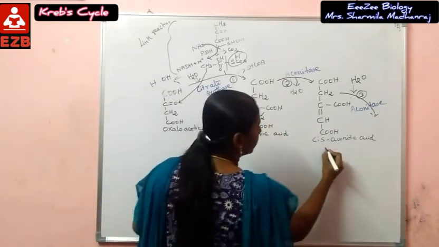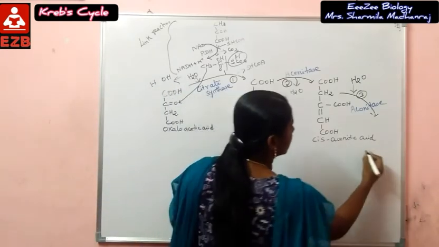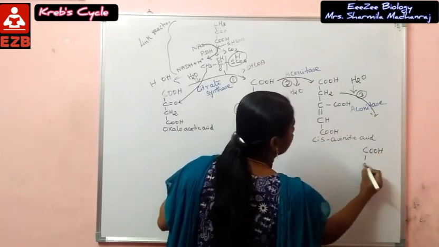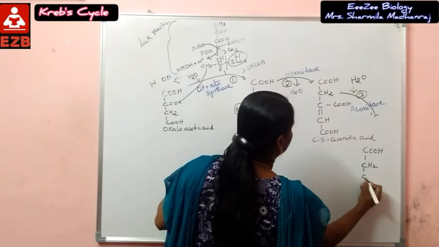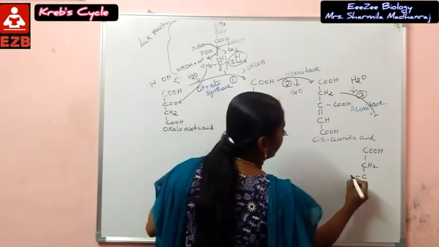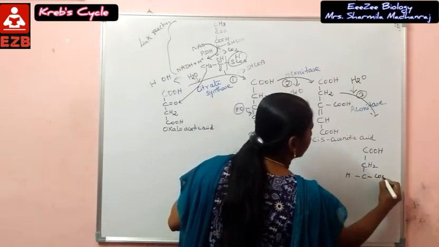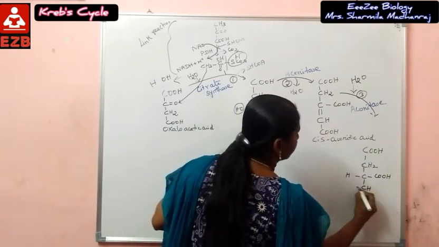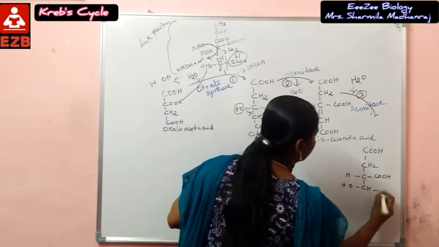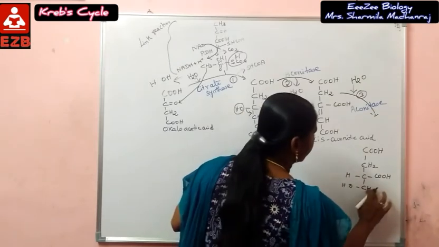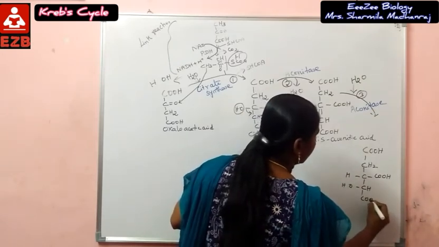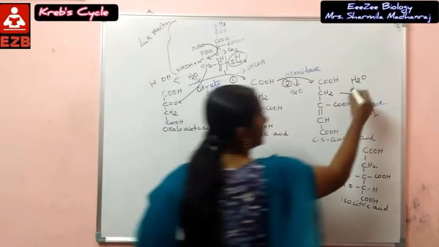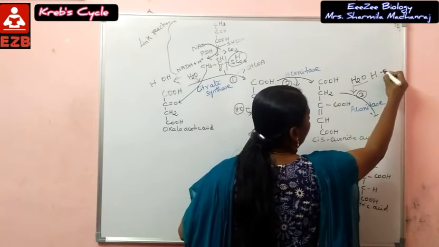So the product is COOH, CH2, C hydrogen OH, and CH OH, COOH. The water molecule is hydrogen and OH.